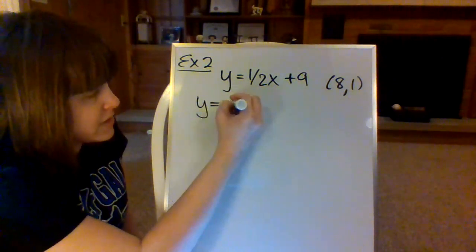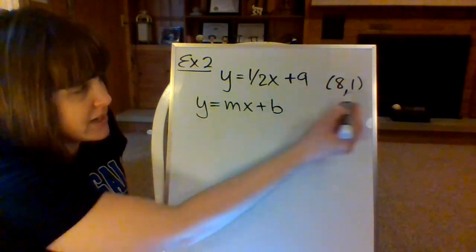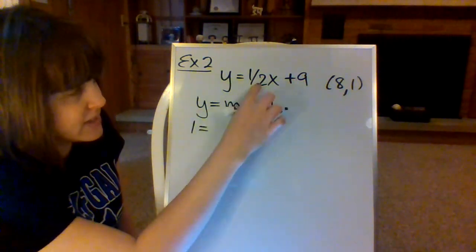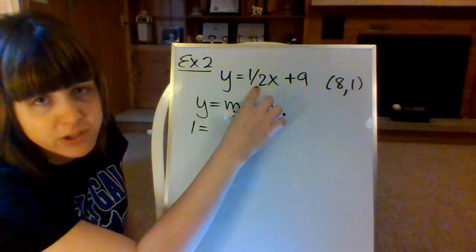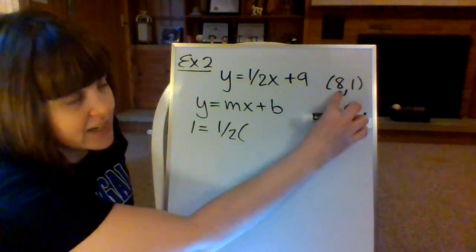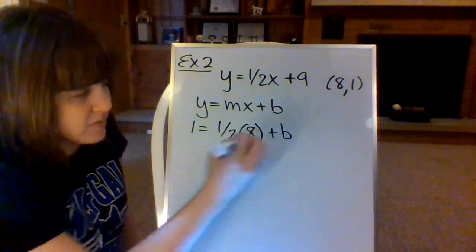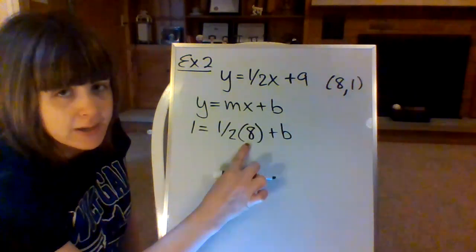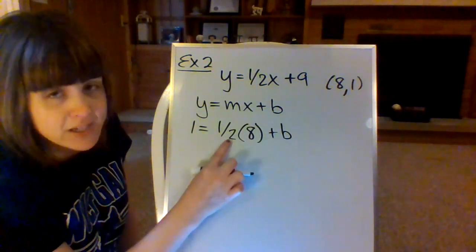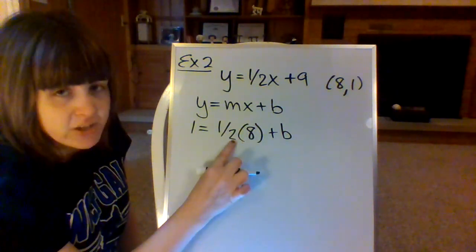So in our equation, y equals mx plus b, y is the y of our point, so 1. M is the slope from this line because they're parallel lines, so 1/2. X is the x of our point, so 8, plus b. So 1/2 times 8, you can think of this as also 8 divided by 2. So 8 divided by 2 is 4.